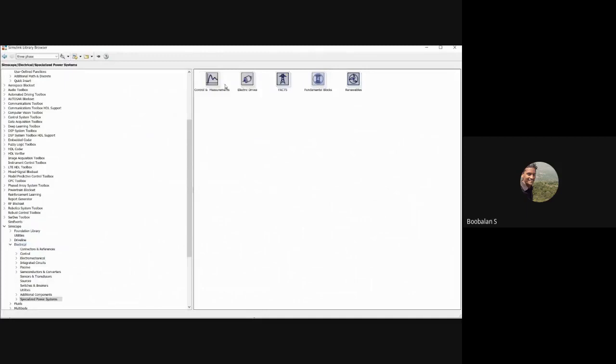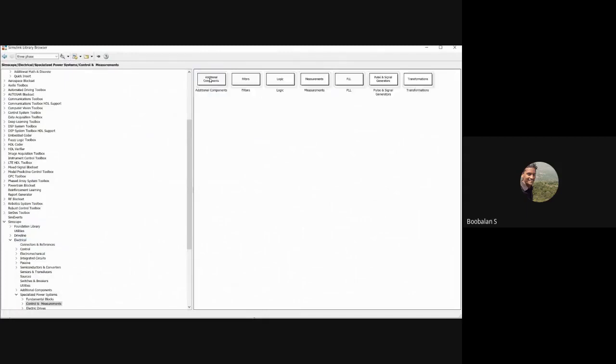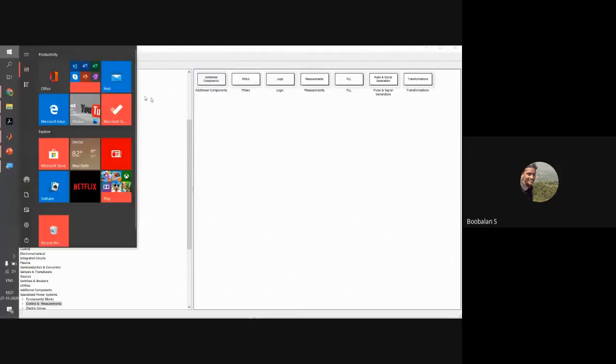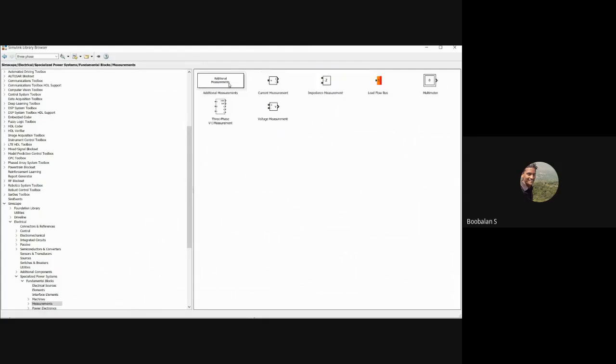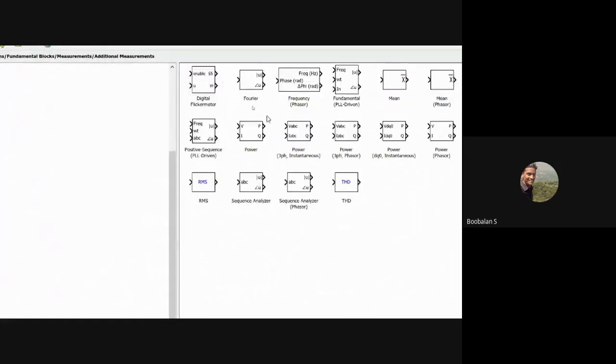Double click it, and before going into control and measurement, go to Fundamental Blocks, then Measurements, and you'll have the additional measurement over here, right?